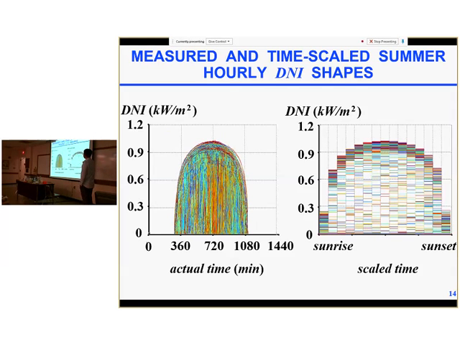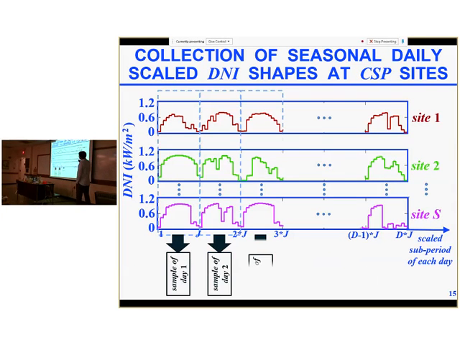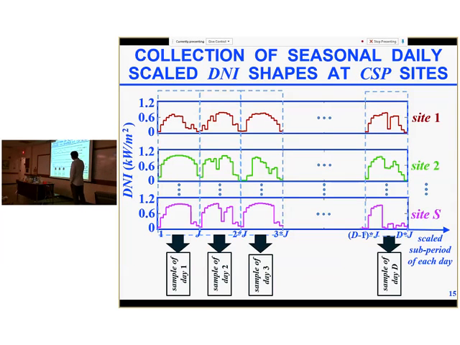So after scaling all the collected DNI data, we can extract the daily multi-site DNI information and represent their correlations by joining the time scaled DNI shapes together for one particular day to get the time scaled DNI samples for all the sites.